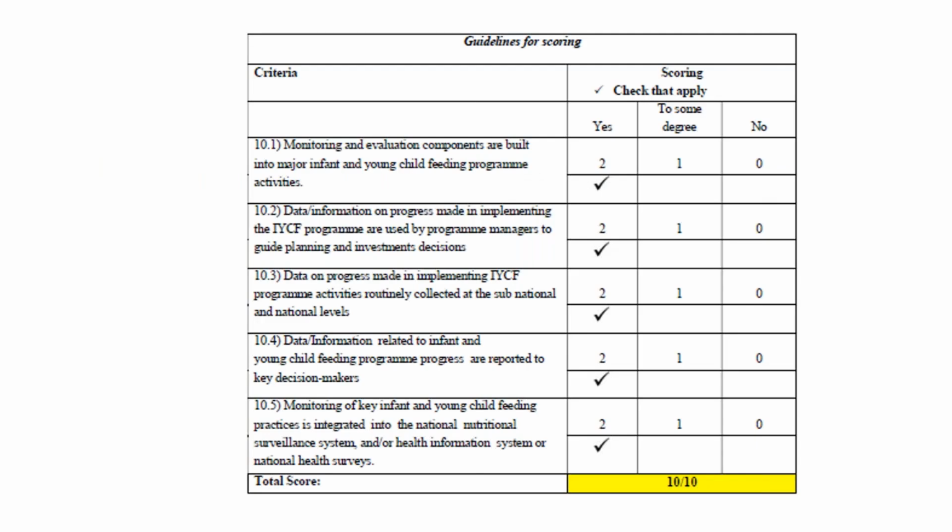And you can see here that we scored 2, 2, 2, 2, 2, all the way down a perfect 10 on this, thanks to the CDC, who have put monitoring and evaluation components into many, many aspects of data collection in order to have information.